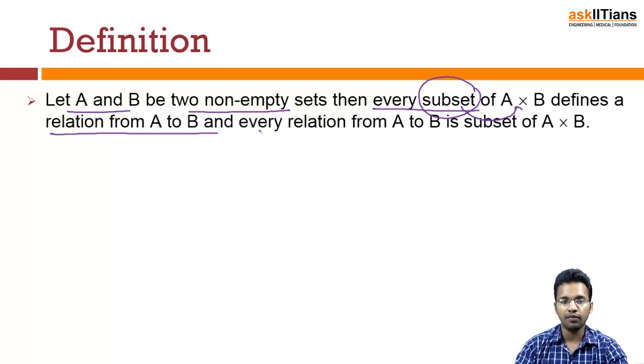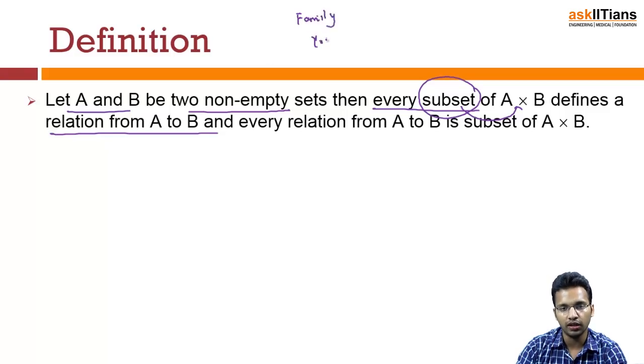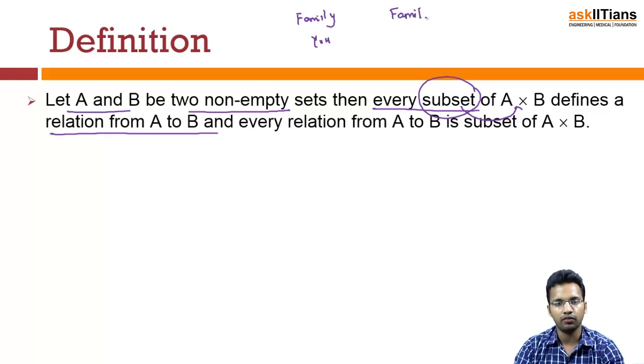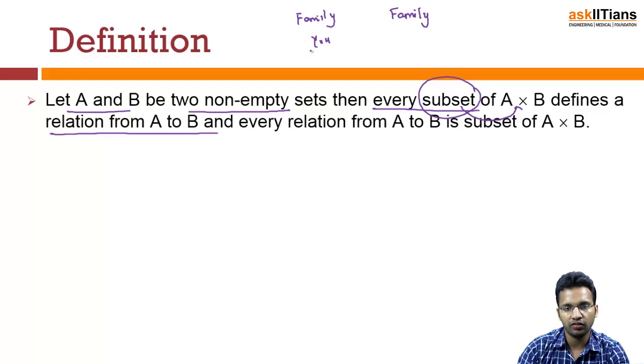You know what I am trying to say? If I consider your family as a set, and I take your family itself as the other set, which we'll define later, a set can be related to itself also. So you, suppose mother, and suppose grandfather is there.